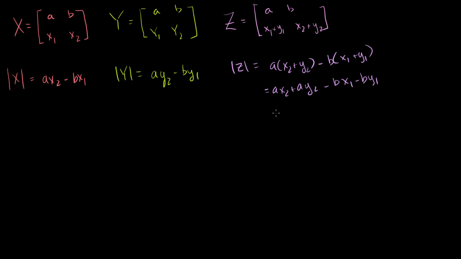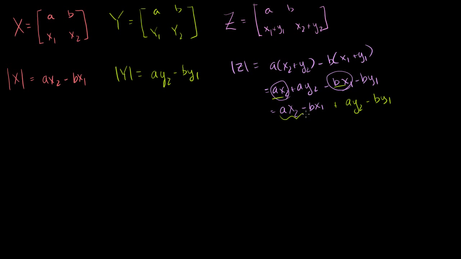And if we just rearrange things, this is equal to a x2 minus b x1. So that's that term and that term. Let me switch colors. So that's those two guys. And then plus a y2 minus b y1.